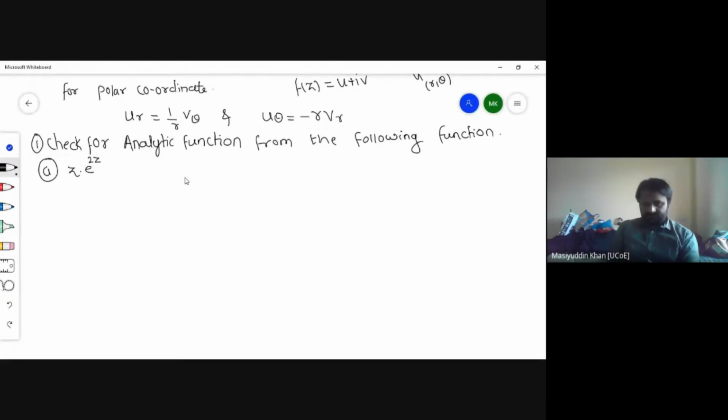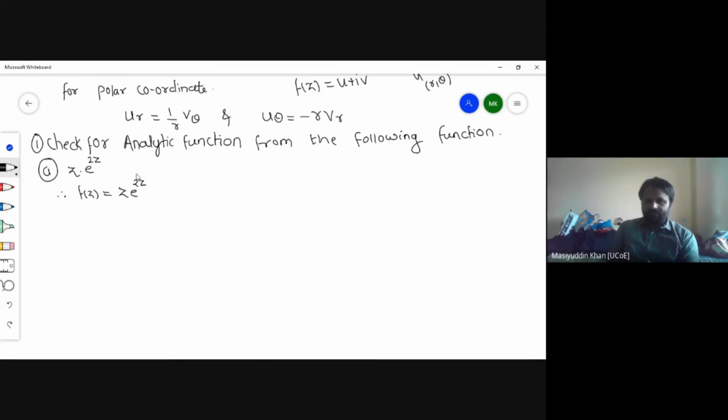Now z into e raised to 2z, we have to simplify. So this is your given function. I'm just going to represent f of z is equal to z into e raised to 2z. Now what is z?